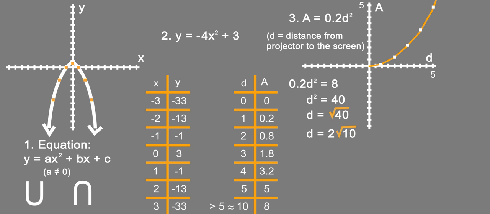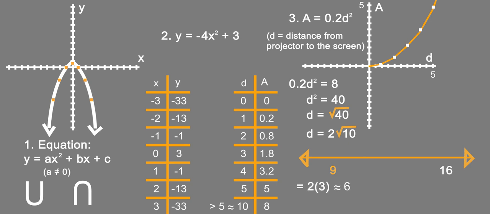And the square root of 10, we can estimate that. If we look at our number line, the two perfect squares closest are 9 and 16. It's obviously closer to 9. So square root of 10 is closer to 3. So 2 times 3 is going to be 6.